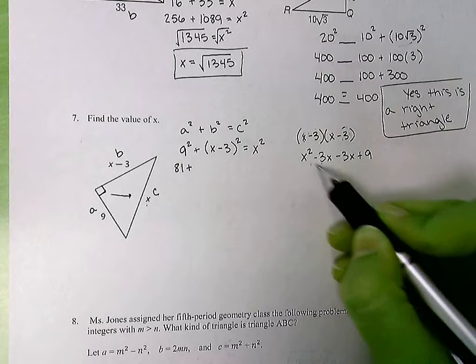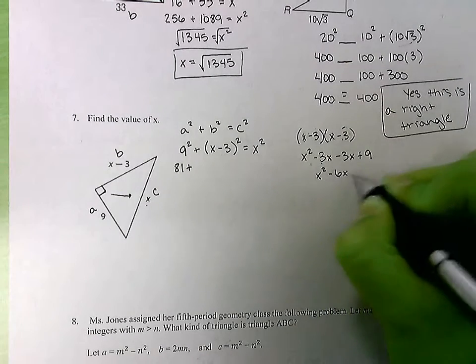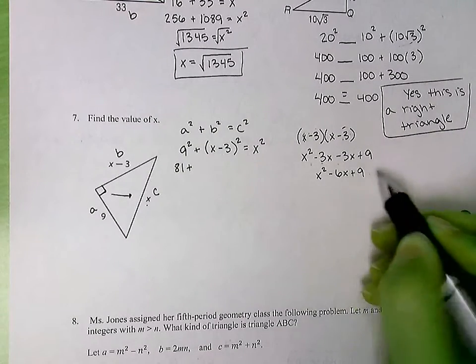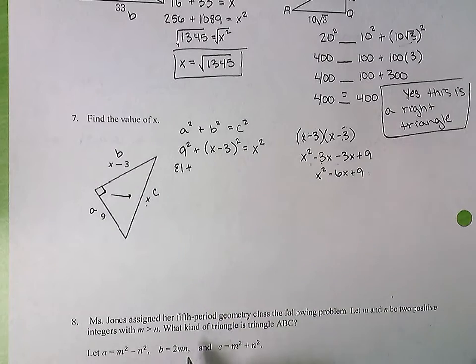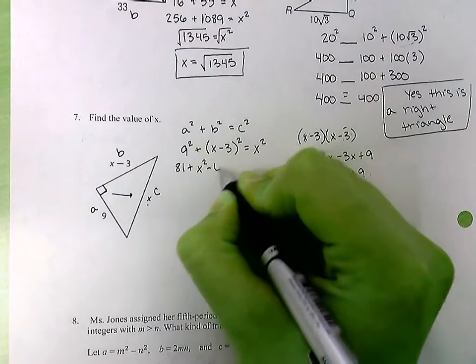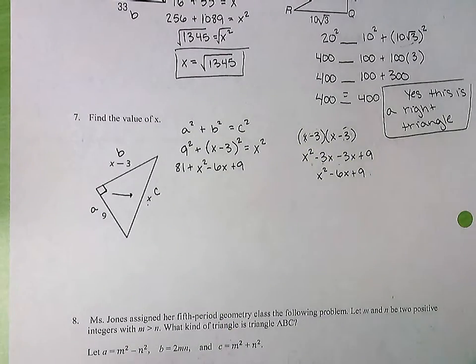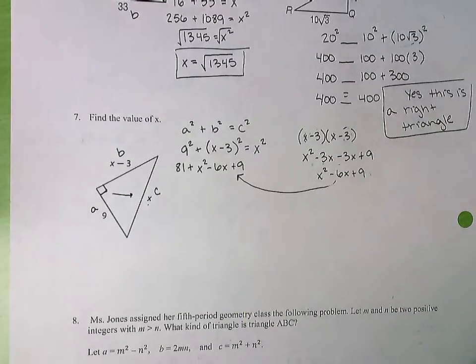I can combine like terms right here. So I have x squared minus 6x plus 9. Now this whole term right here, I can plug in right here after I squared it. So I have plus x squared minus 6x plus 9. I'm taking this, bringing it back over here.